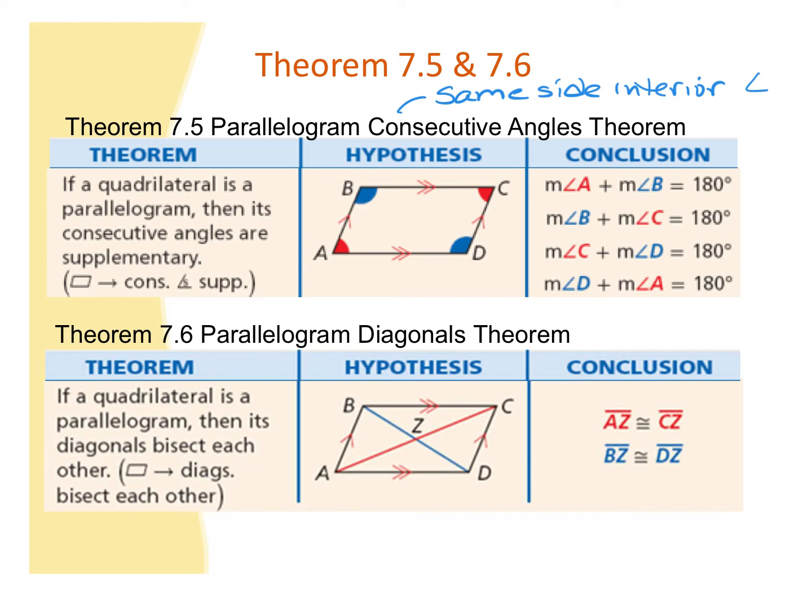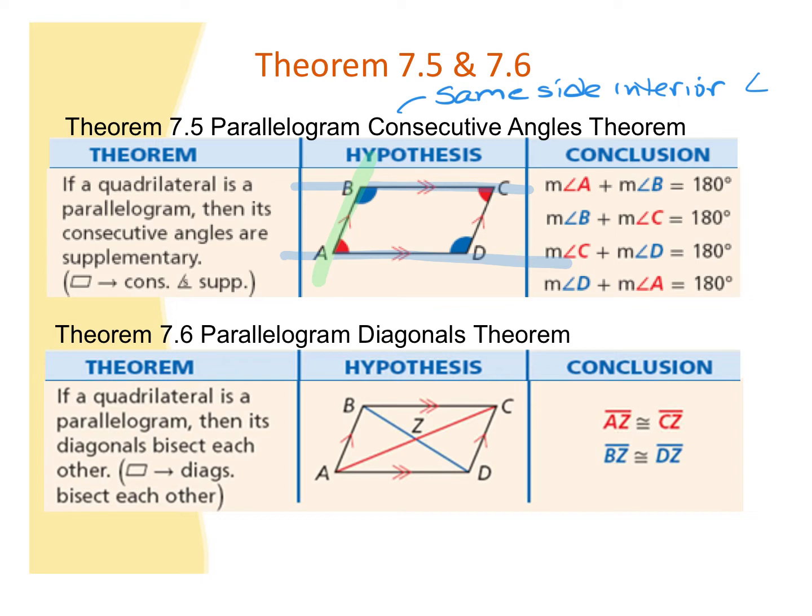So in this picture, you can see because we have two sets of parallel lines, notice I've got BC, which is parallel to AD, and then if I drew in a transversal here, and make AB the transversal, then angle A and B are going to be same side interior or consecutive interior, which makes them supplementary. So that's why under the conclusion, they're showing that angle A plus angle B equals 180.